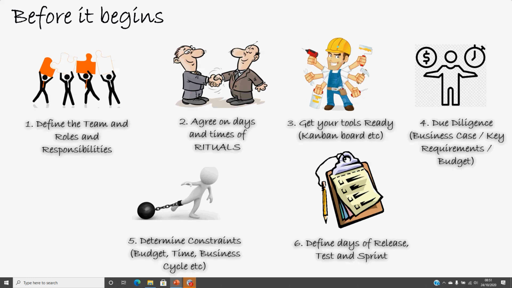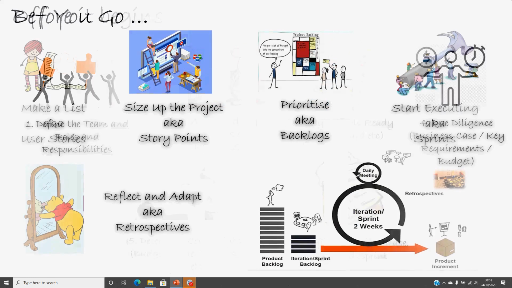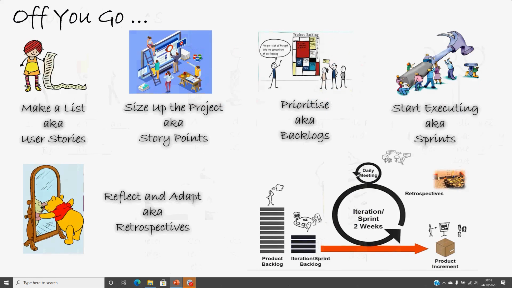So these are the things that you have to do before starting your agile delivery. Now, when you have decided that you have to go agile, you have to start delivering. So now you are ready to do agile, you are ready to deliver.